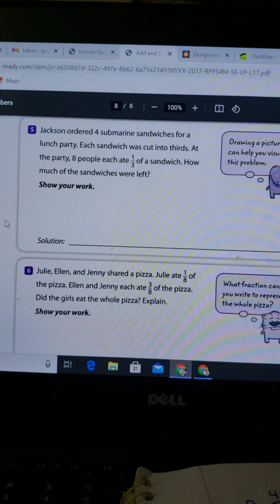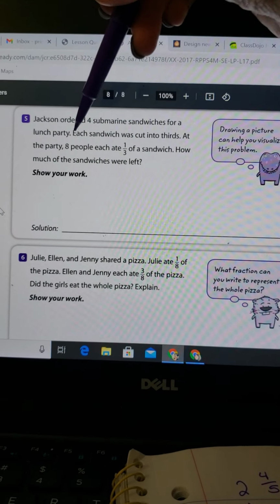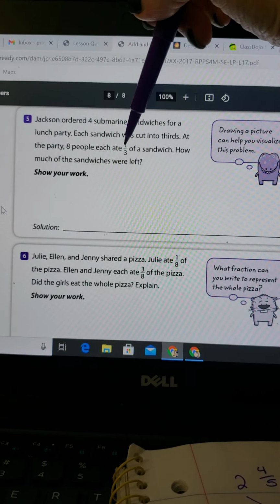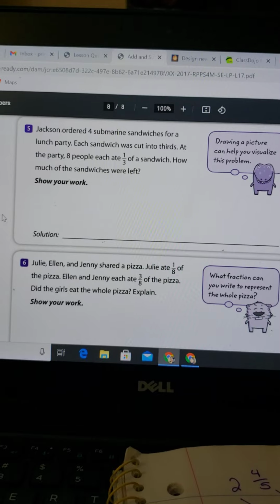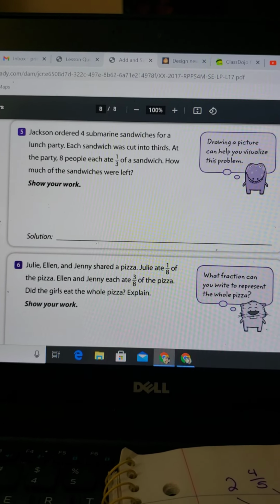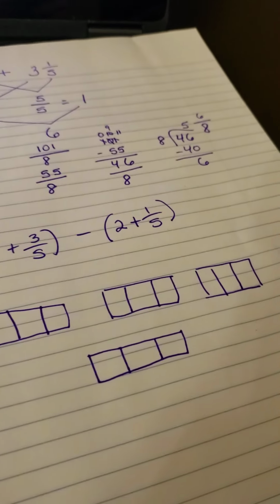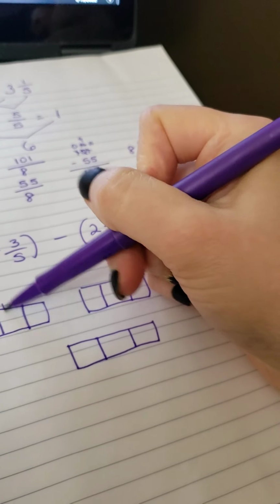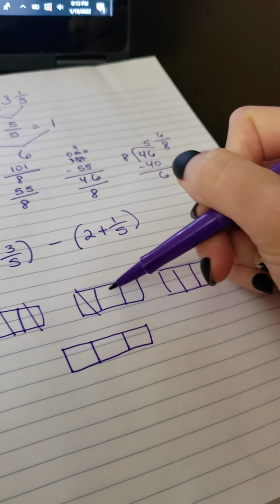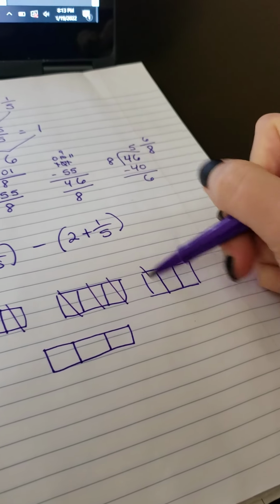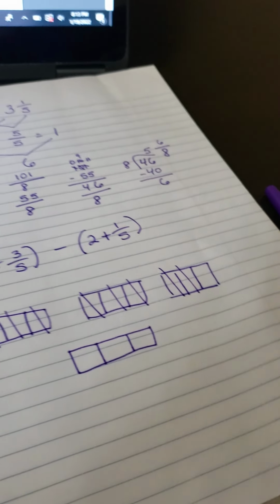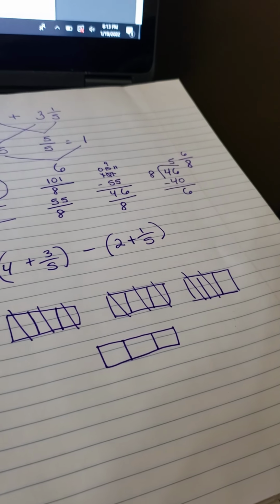Next part of my problem says that 8 people each ate 1/3. So I need to cross off 8 of these thirds. Ready? 1, 2, 3, 4, 5, 6, 7, 8. 8 of them gone.